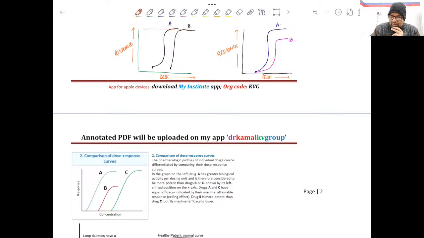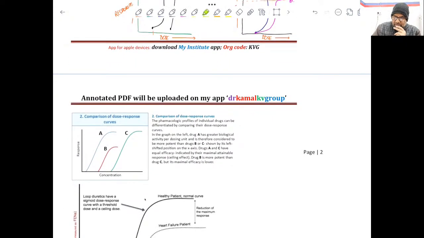So this is the maximal response of drug A, and this is the maximal response of drug B. So here I have shown you two graphs: in the first, the effect is same but dose is different, and in the second, dose is same but effect is different. Clear? So this is the dose response curve, or what you call DRC.